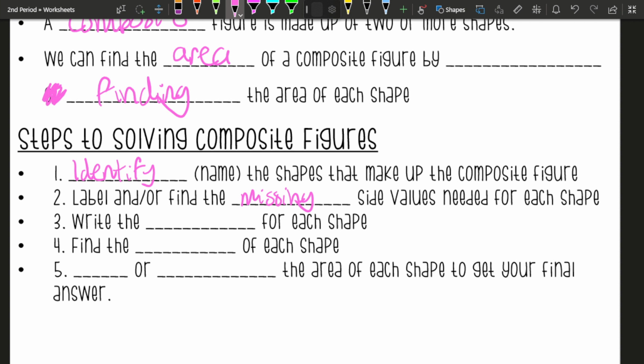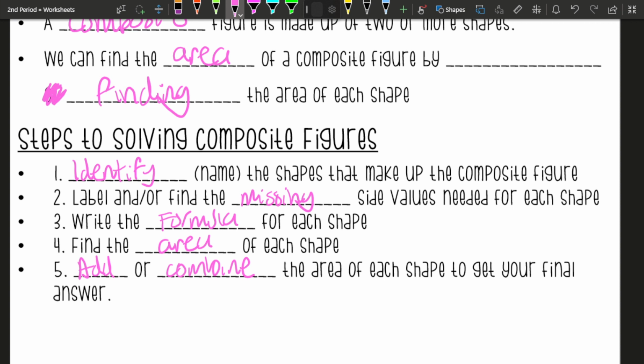Very good. Number 3, write the formula. Very good. Find the area and then add or combine the area of each shape to get your final answer.